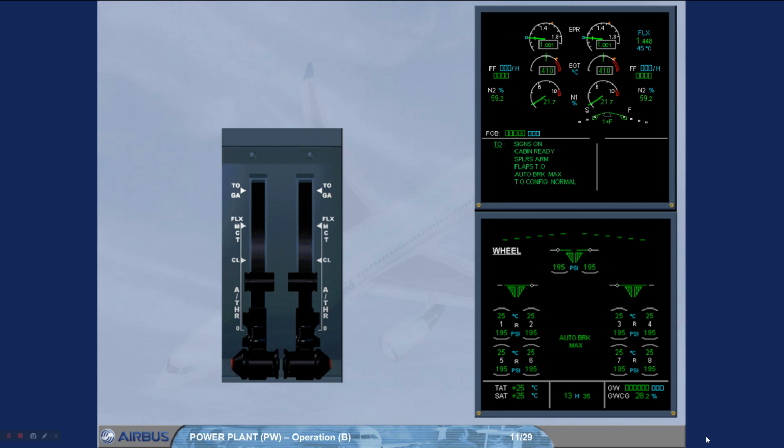Today, we will carry out a reduced thrust flex takeoff. Since this is what you will do normally, the first step is to move the levers from idle to approximately 1.1 EPR. When 1.1 EPR is reached, flex takeoff thrust is applied on both engines by moving the thrust levers to the flex detente.